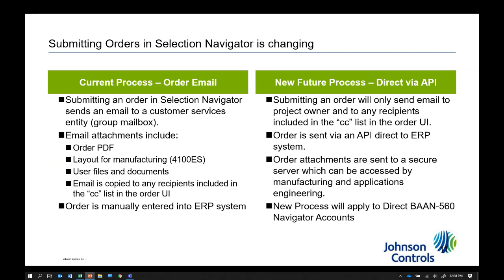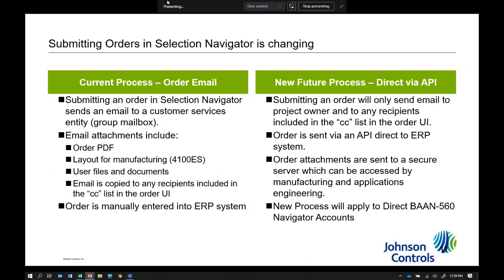You also get a copy of that order as the project owner, including any attachments, like the order PDF and the layout for manufacturing files that are required for 4100 ES systems, and of course any other files or documents that you choose to add to that order as an attachment.